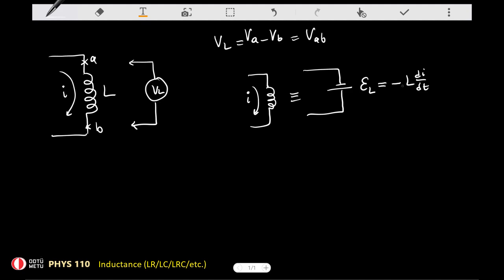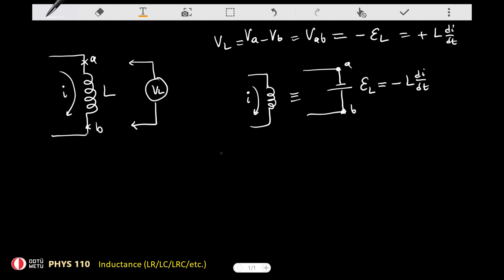So there's a minus sign in here, as in Faraday's law, and then we have L times the rate of change of the current. The reason is that the flux through the inductor is equal to L times I. In any case, that was point A and that's point B. So in this case, this potential difference VAB would be minus the EMF. So this is plus L di over dt.